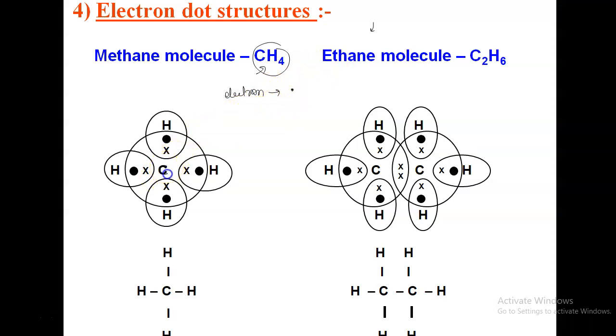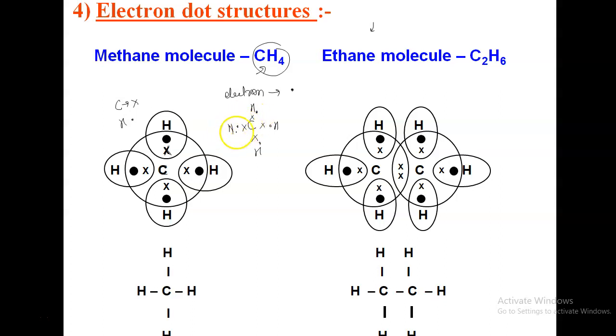See here, carbon atom is here and carbon has 4 electrons. Let's say carbon electrons are represented by crosses and hydrogen electrons by dots. Okay, so hydrogen has 1 electron and it only needs 1 electron. So it is shared like this. Okay. Now I'm going to represent in a better way. Carbon has 4 electrons and we have 4 hydrogen atoms. 1, 2, 3, 4.